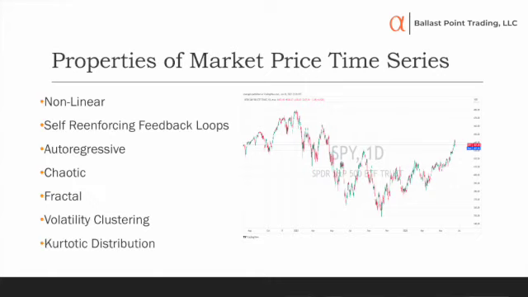Okay, now, self-reinforcing feedback loops. Very important. This is going to be our engine behind what creates trends. A self-reinforcing feedback loop, positive or negative, is a loop that influences itself, where, and I'll use a simple analogy here, talking about price. Imagine price is rising. Traders see that price is rising.